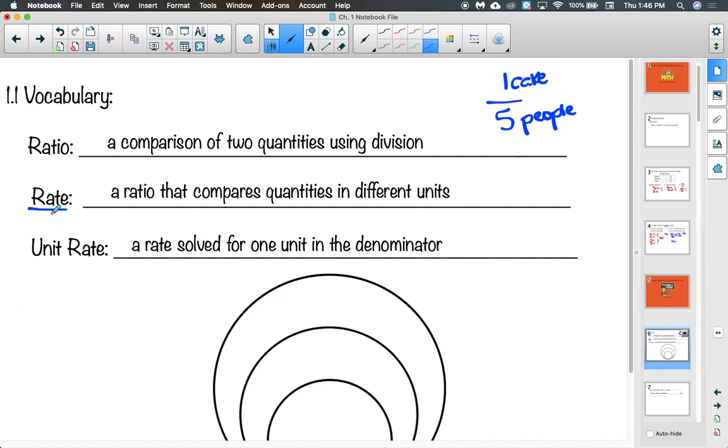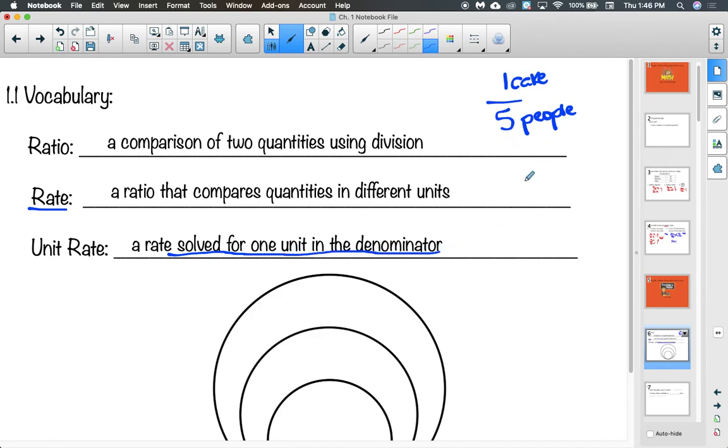Okay, it still is a special ratio. It still is a ratio, but it's a little more strict. It's got the rules of having units in the numerator and denominator. Now I can take my rate and do a little bit of division, and I can solve for 1 unit in the denominator.